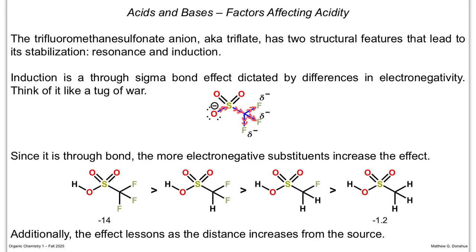It's helping to stabilize that negative charge, because fluorine's electronegative, it's greedy, it wants as much as it can get. So the induction is a through bond effect. And really it's based on electronegativity.